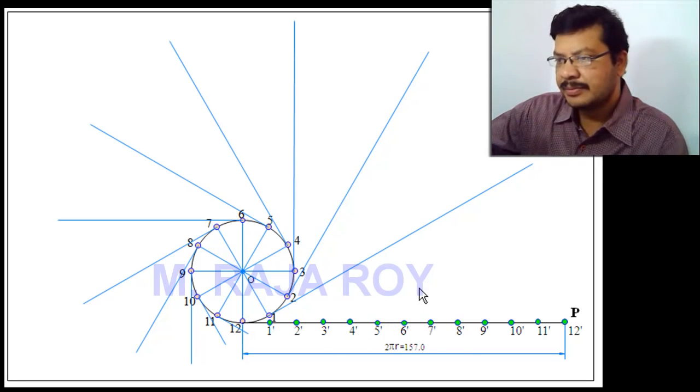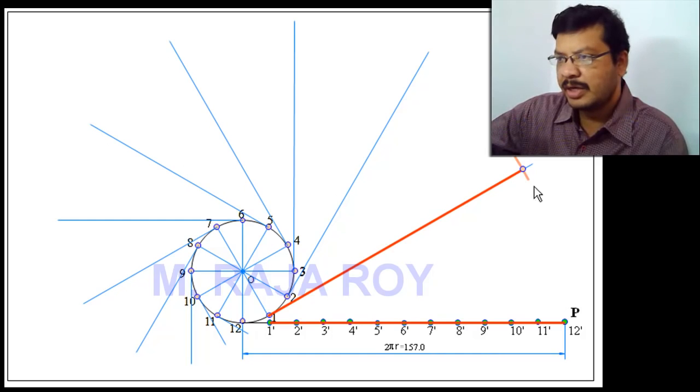Next step is take P to 1 dash. Now observe this P to 1 dash. This P to 1 dash length as radius, this blinking point 1 as center, draw an arc onto this tangent, something like this.